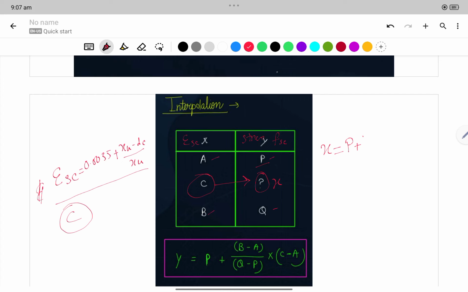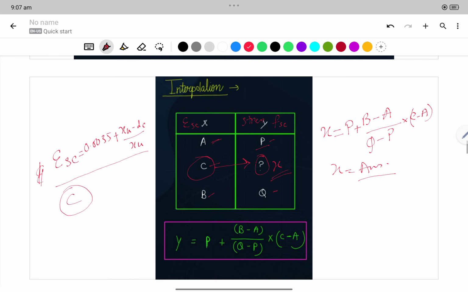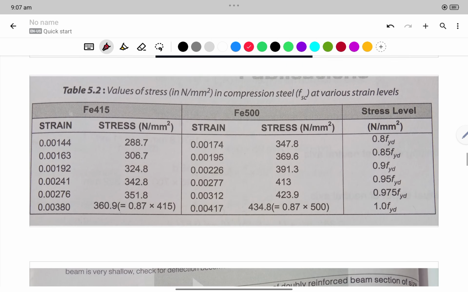So you see, (B minus A) divided by (Q minus P), into this minus this, (C minus A). So this is the interpolation, you will get the X value. So this is how to do the interpolation.